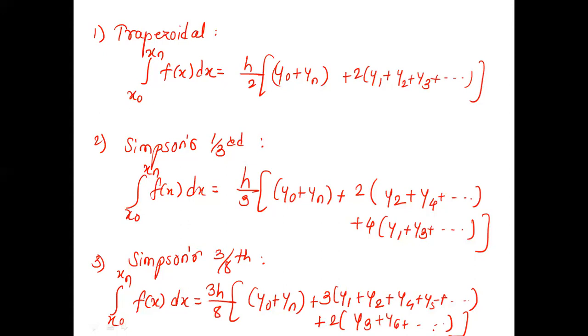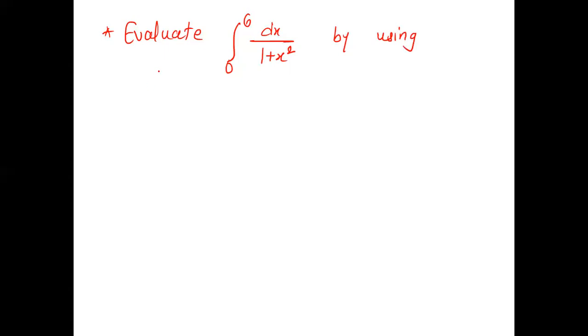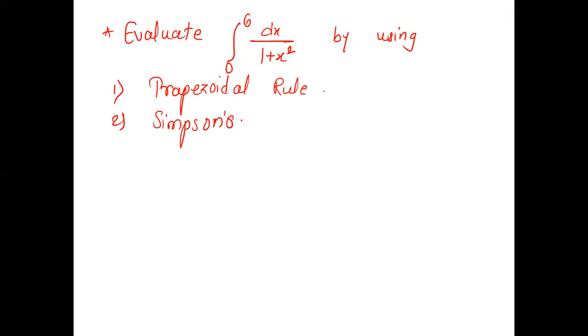ठीक है, चलो. So we'll go to solve the question. Evaluate integration 0 to 6 dx upon 1 plus x square by using, and now these are all three different questions: first, by trapezoidal rule; second, Simpson's 1/3 rule; and third, Simpson's 3/8 rule.